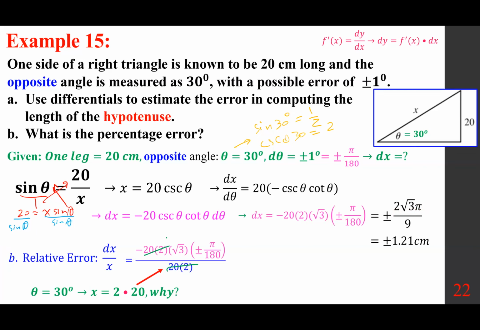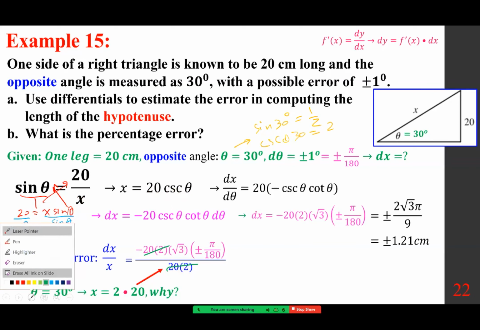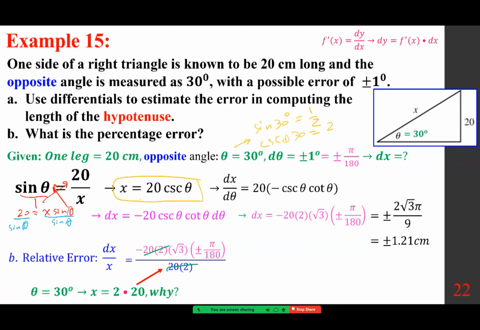X is 2 times 20, by the way. The reason we know x is 2 times 20 is because x is 20 divided by sine theta, or x is 20 times cosecant theta. This one gives you 2 times 20. This is how we know x is 40. So from here, it's better that we use this one, because remember cosecant gives you this.